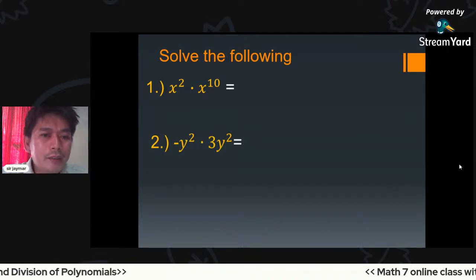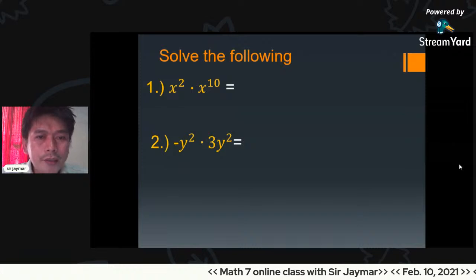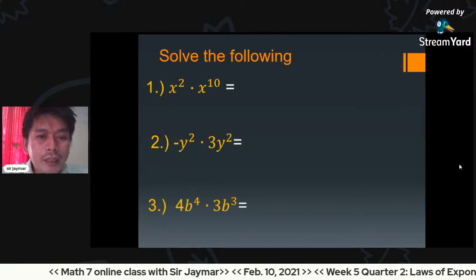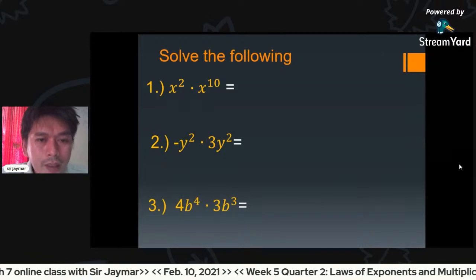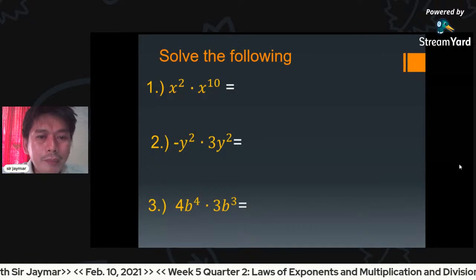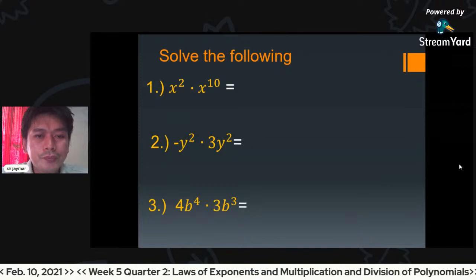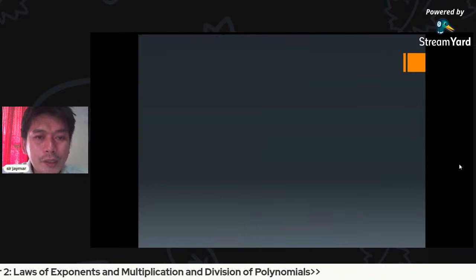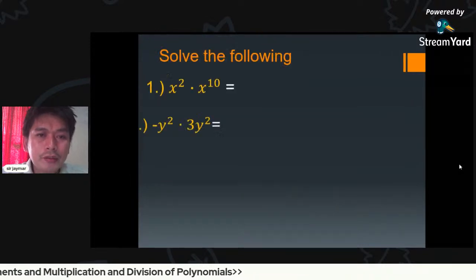Negative y raised to 2 times 3y squared. Then number 3, 4b raised to 4 multiplied by 3b cubed. We can see the answer on the screen.